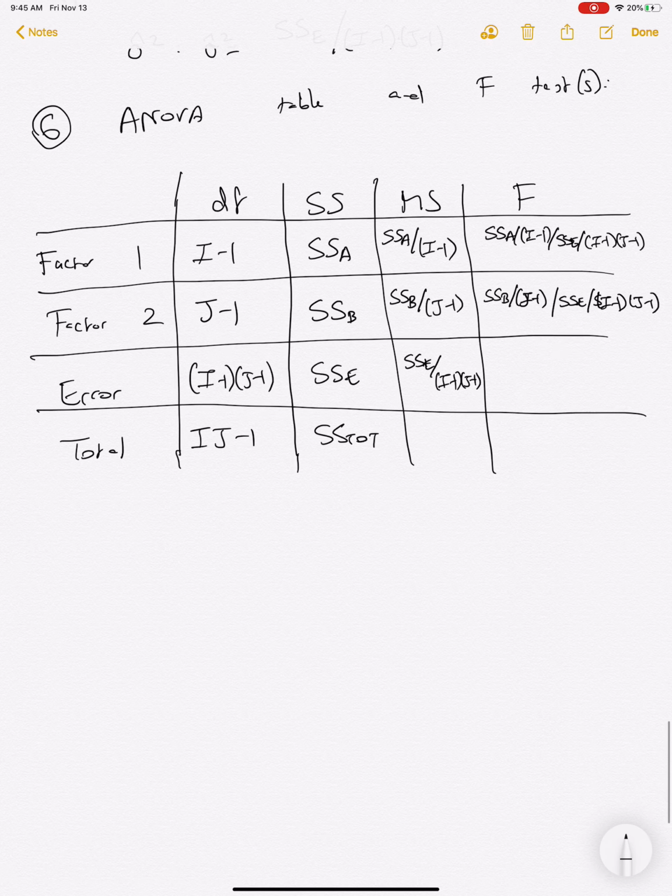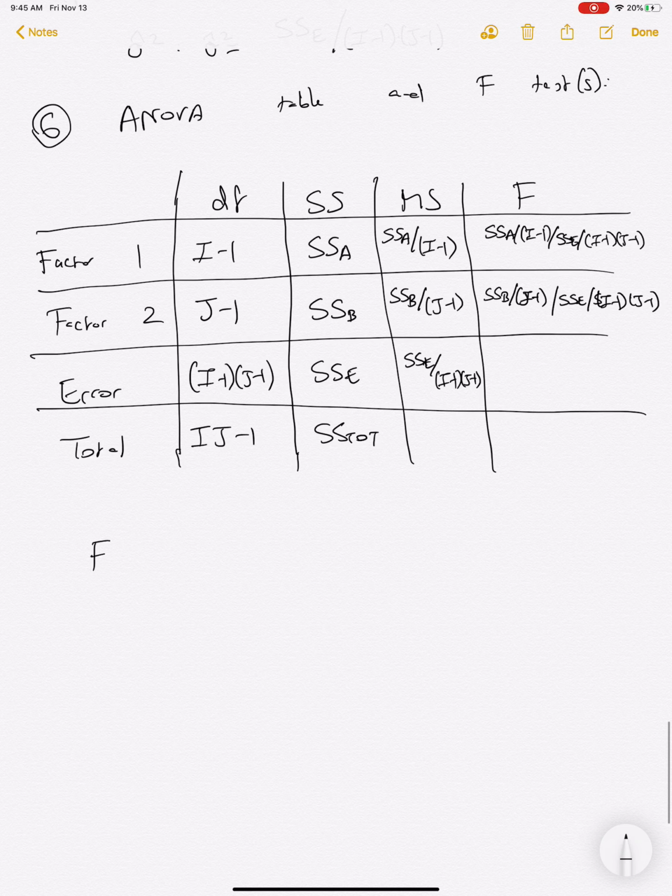Okay, and so in terms of the F test, if your null is HA, then under HA, you have that F, I'll call this FA, and we'll call this FB.